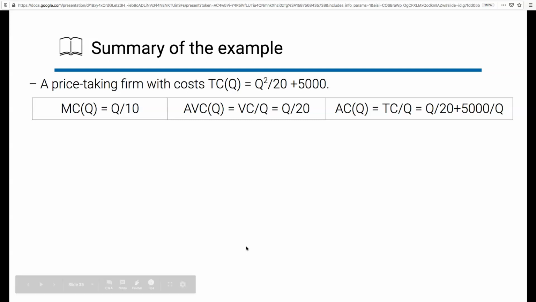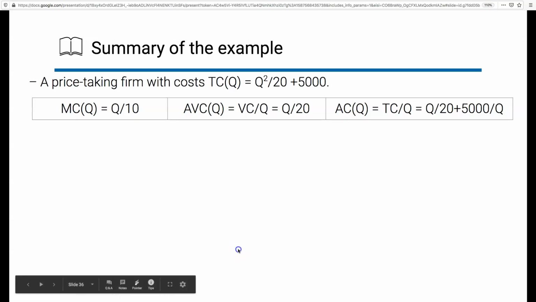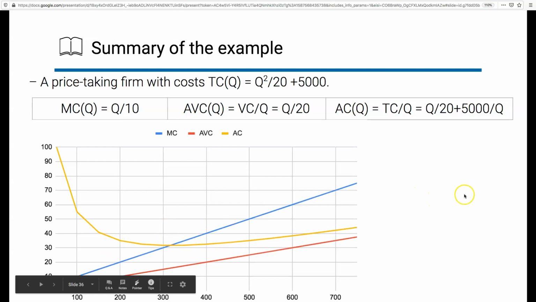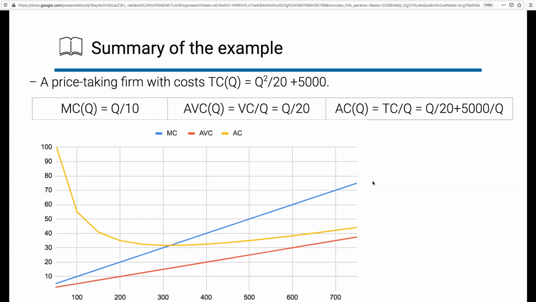And if we graph them on the same graph, we should get a picture like that. The blue line here is the marginal cost, q over 10. The red line here is the average variable cost, q over 20. And you can see that marginal cost is always above the average variable cost in this example.